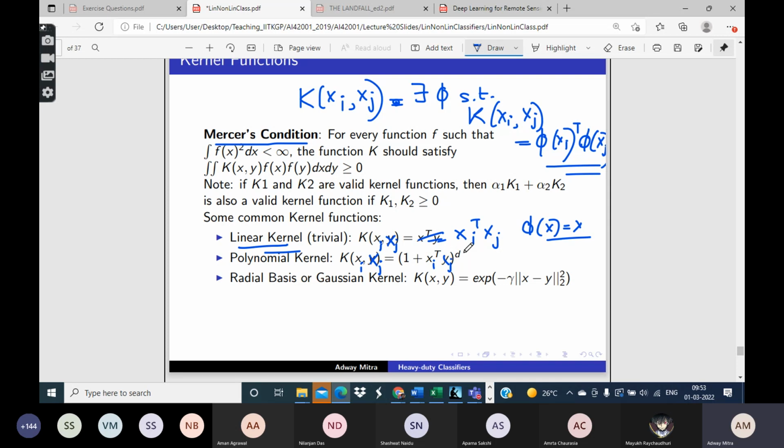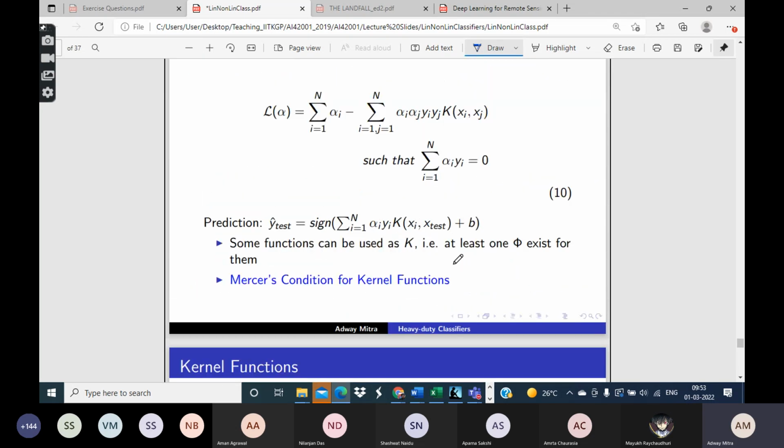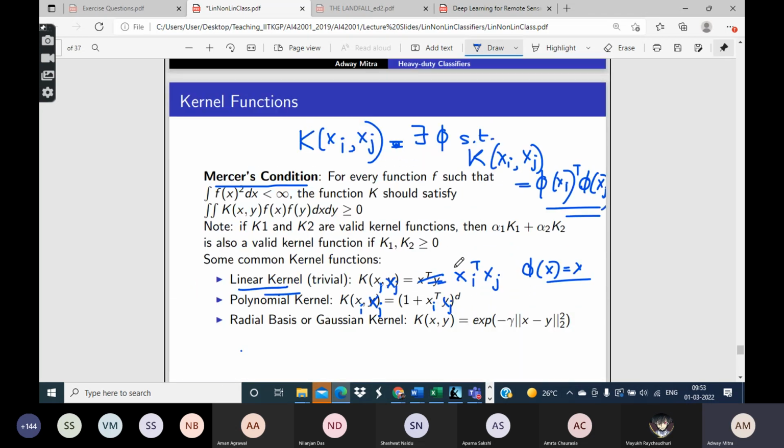It can be shown that there exists a phi for which you can express it as this kind of dot product. You can play with small values of d, like d equal to 2, and see if you can find what that phi will be. For small values of d, you can calculate it in pretty much the same way as I calculated the phi here, but for higher values of d, that will not be an easy thing.